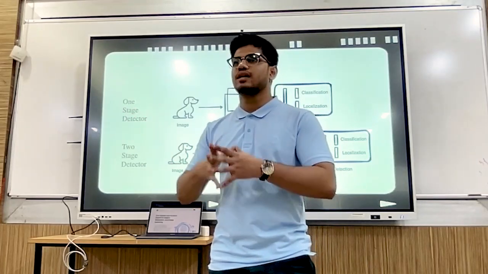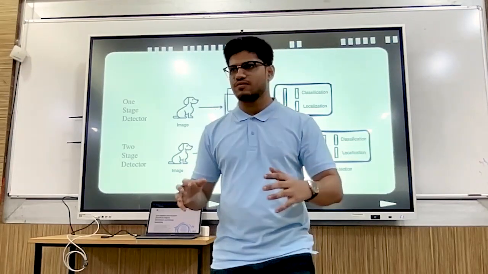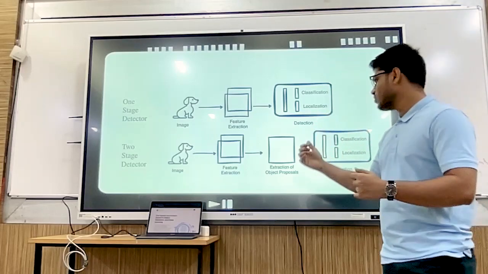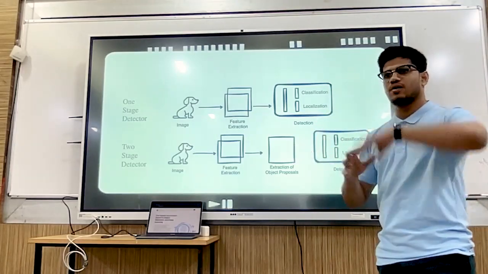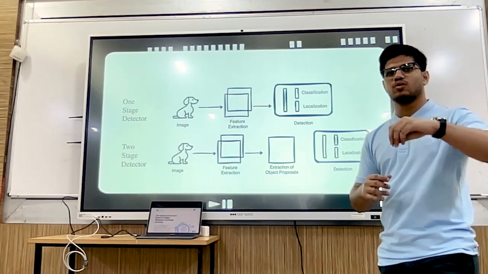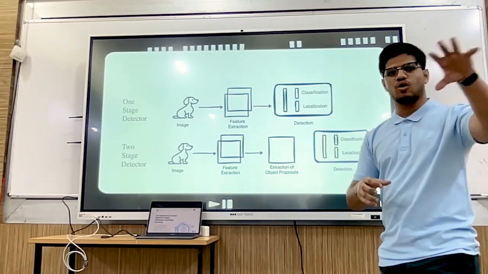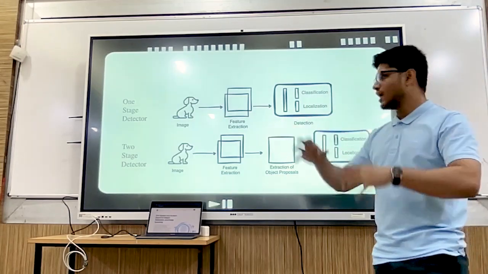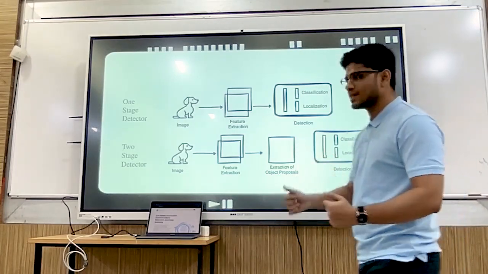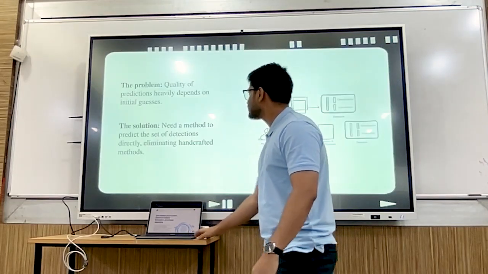That's an initial set of guesses that your mind is making, and you're not really paying attention to the rest of the stuff. That's exactly what is done in the two-stage detector, where you give a set of region proposals in the image, and you say, okay, focus all of the feature extraction on these initial parts and not look at everything else. So that's one-stage and two-stage object detectors, and that's the end of the story there, because we are not going to be talking about object detectors.